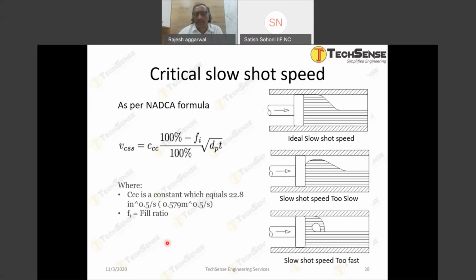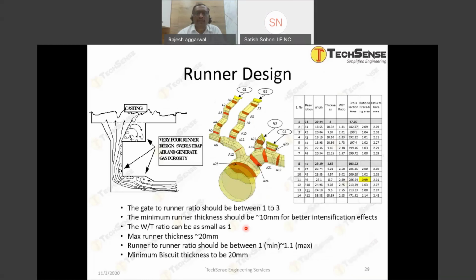This formula basically gives us a tentative indication of the critical slow shot speed. What we are trying to say is that the air should not be entrapped when the metal is moving towards the gate. Because this air entrapped over here will not go anywhere. It will go and sit inside the casting only, right? So it is very, very crucial.